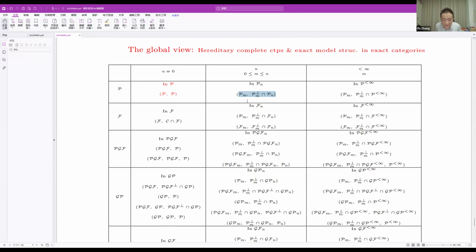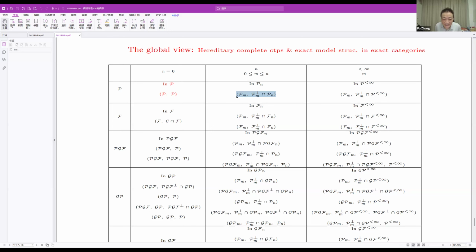So now we have only this cotorsion pair, but it cannot form a Hovey triple. That is, it cannot form an exact model structure.